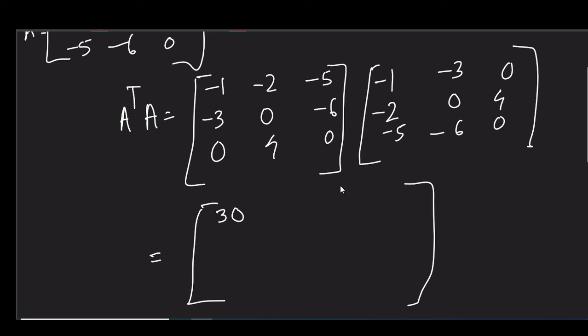Then here you will have 3 plus 30, that is 33. Here you will have -8.